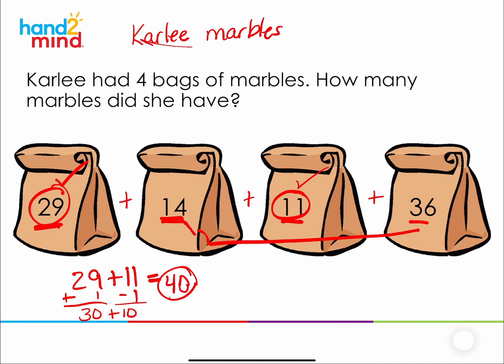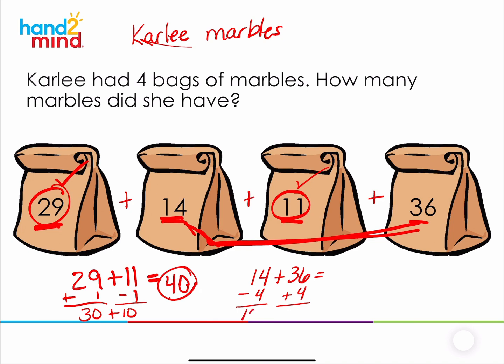Okay, so now we've done 29 plus 11. Now we have to add up 14 and 36. Do you see any relationships there? I see one. I can take 4 and I can give 4.